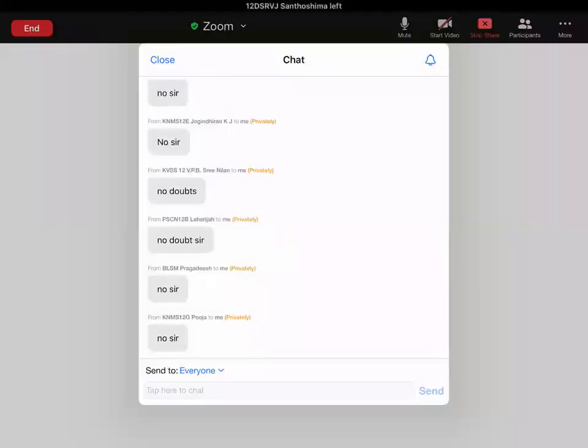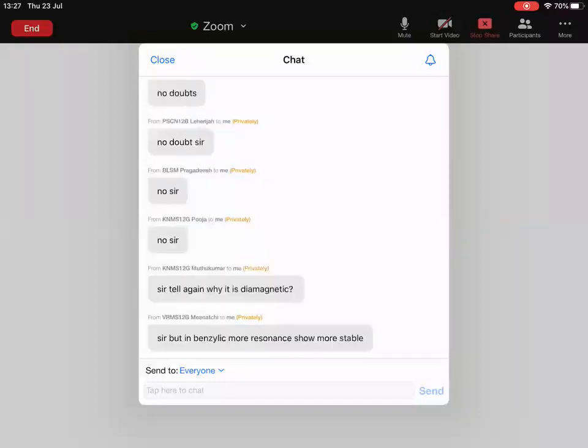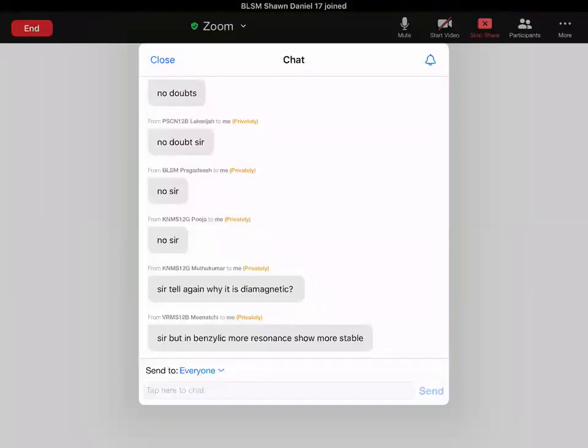Still, anyone having any doubts in carbanion? Aromatic is diamagnetic, meaning no unpaired electrons are there, but in benzylic, there is more resonance. In aromatic, potential energy will be very, very less. Less potential energy means highly stable.